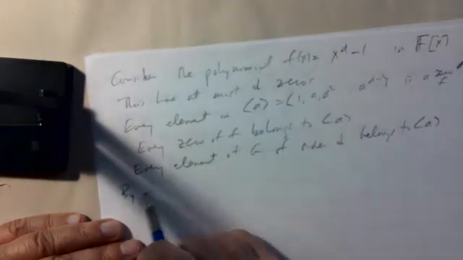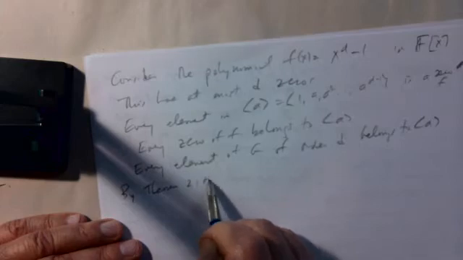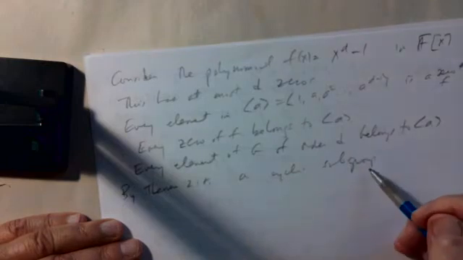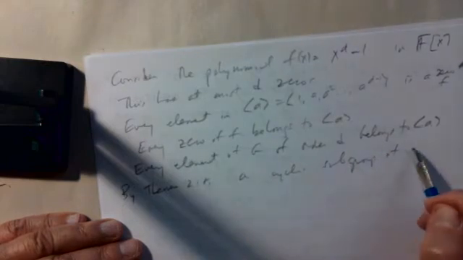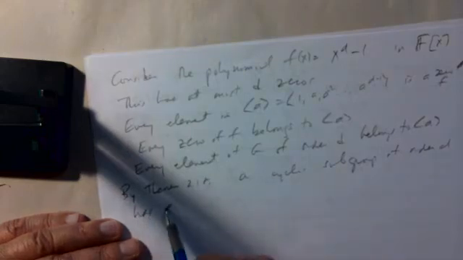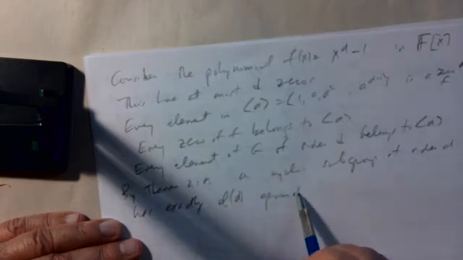But by another theorem from chapter 2, a cyclic subgroup of order D has exactly phi of D generators.